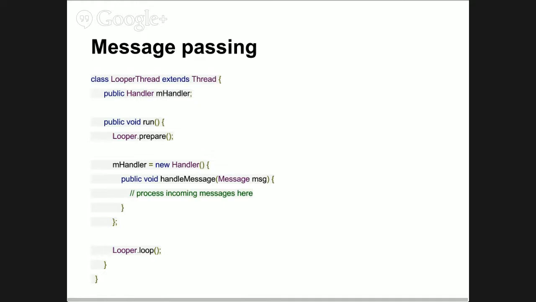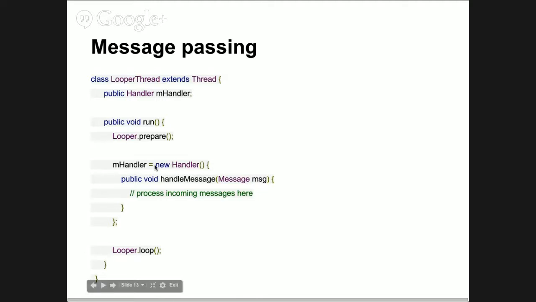Because the main UI thread has a looper already defined, because it needs to receive all kinds of messages. Behind the scenes, button touches and all these things are processed by the looper of the UI thread. But if you are not in the UI thread, you need to define a looper to be able to enqueue messages. So you define your own looper, and then you can get a handler for that message.